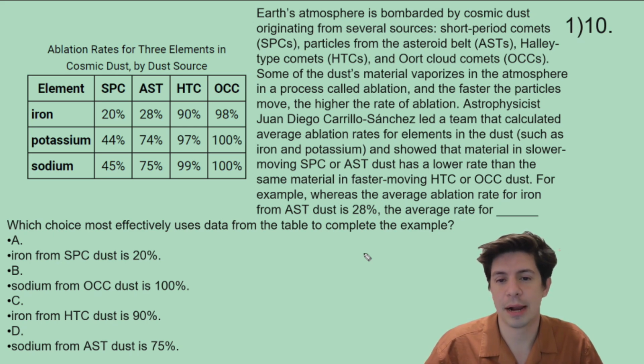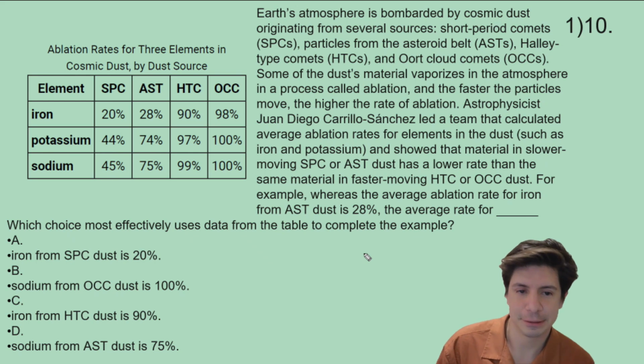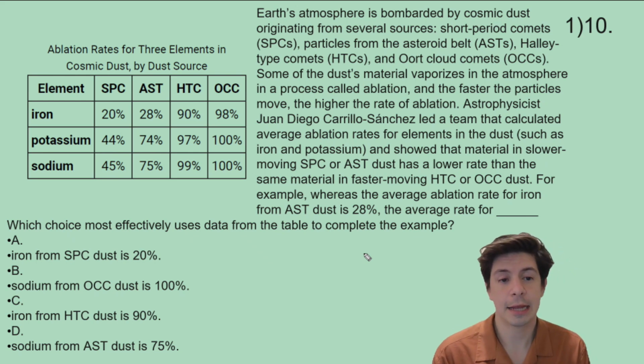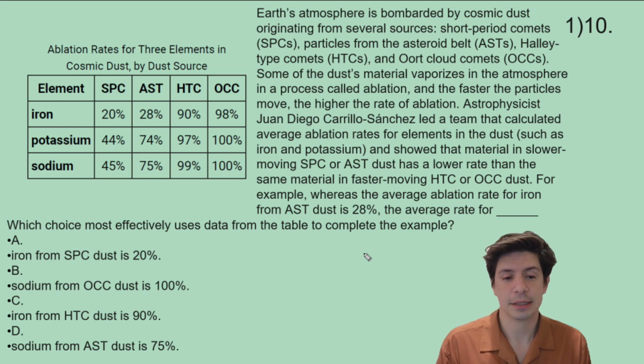For example, whereas the average ablation rate for iron from AST dust is 28%, the average rate for blank, which choice most effectively, uses data from the table to complete the example. Iron from SPC dust is 20%, sodium from OCC dust is 100%, iron from HTC dust is 90%, and sodium from AST dust is 75%.